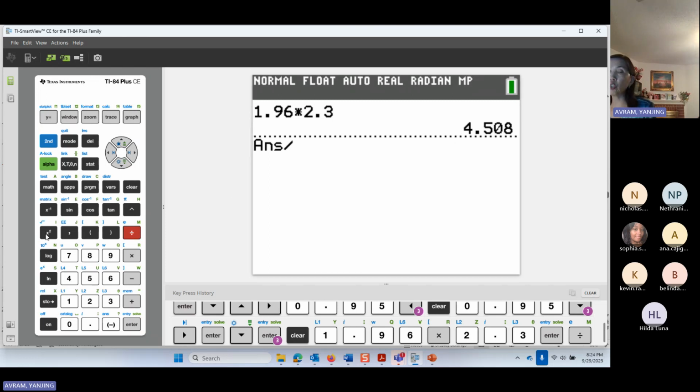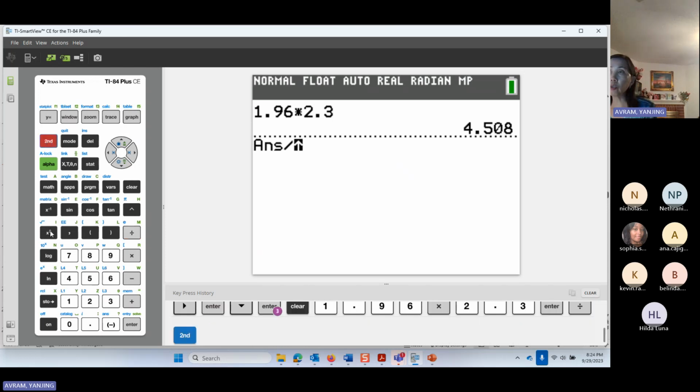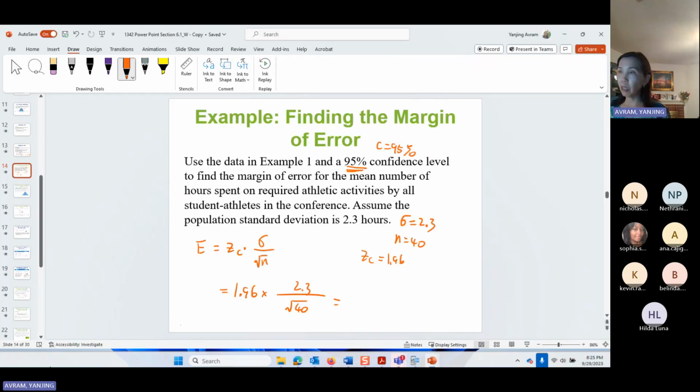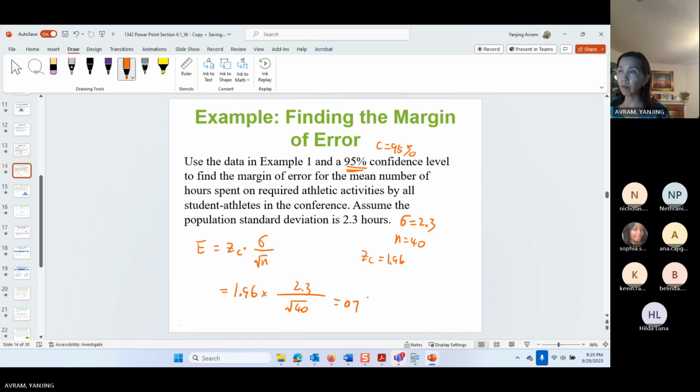Just hit divide, and then the square root is second square, the square root. Then we have a 40, and you hit enter. So that gives you 0.7 if you round to 1 decimal point. All right, so that is called the margin of error in here. Okay, so now you are 95% confident that the margin of error for the population mean is about 0.7 hour. With 95%, the margin of error will be 0.7 hour.